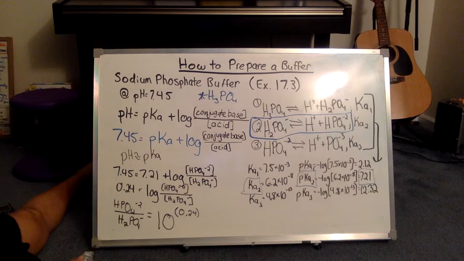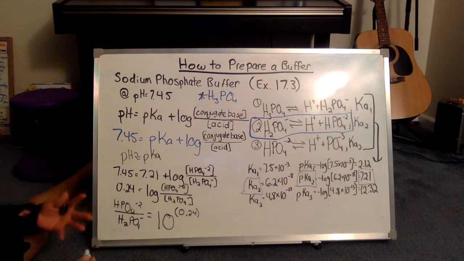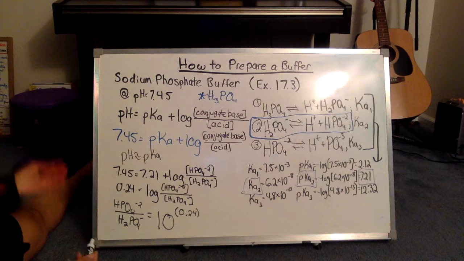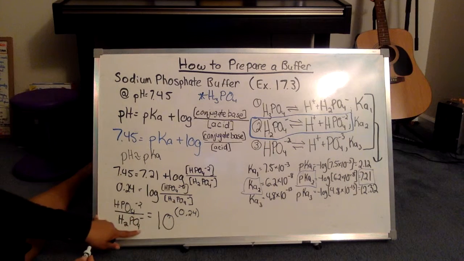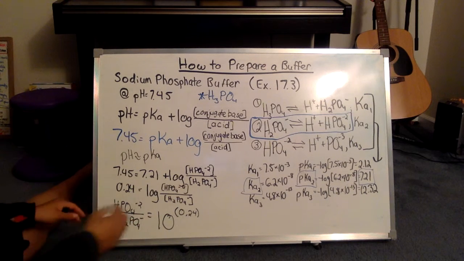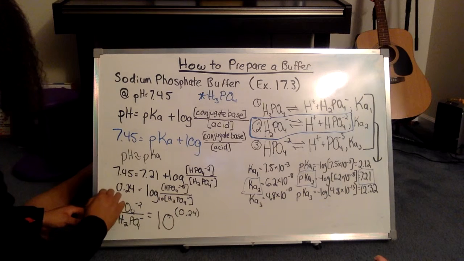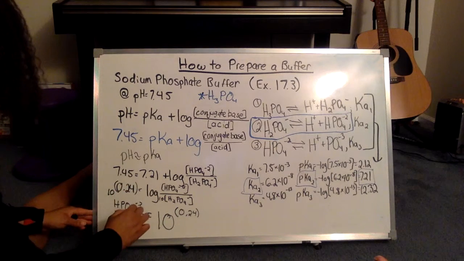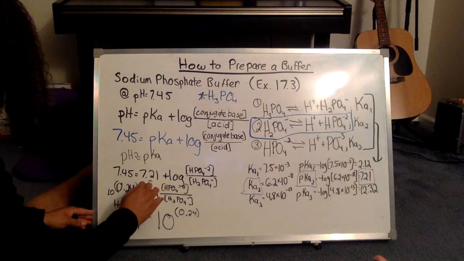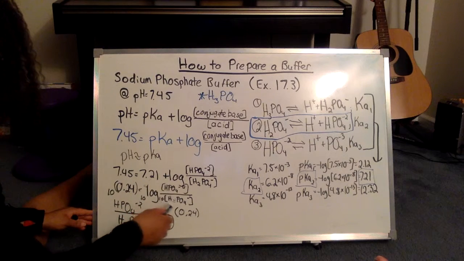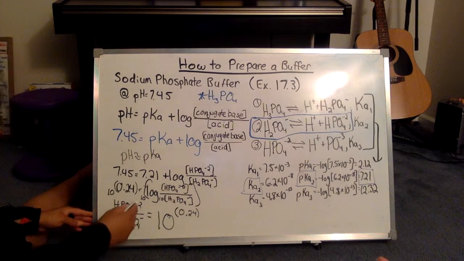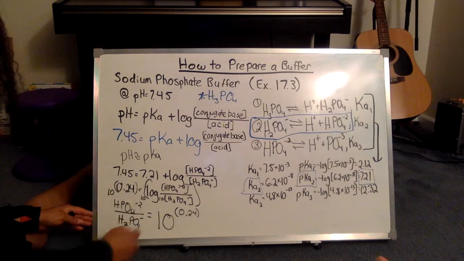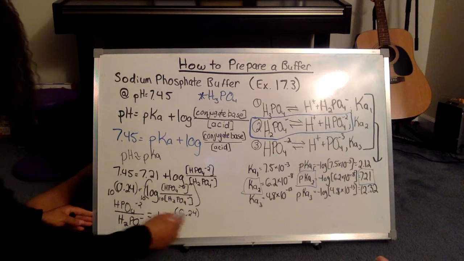Kind of like when we did the analog for pH, the negative log, and then we did 10 to the negative pH. It's the same thing. I moved this to the other side just so that we could show that, because this is log base 10, we take 10 to this quantity and 10 to this quantity to then get just this. 10 to this gives us just this quantity, and we have 10 to the 0.24.